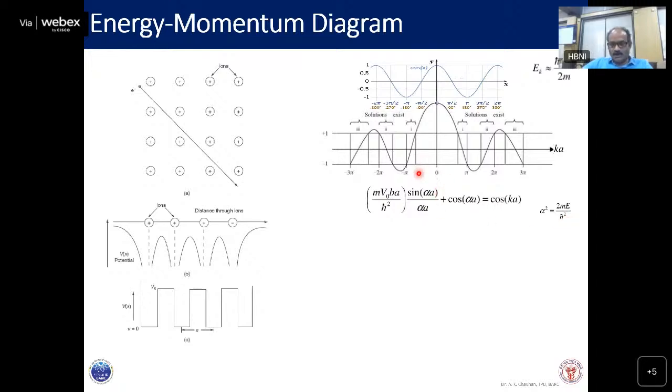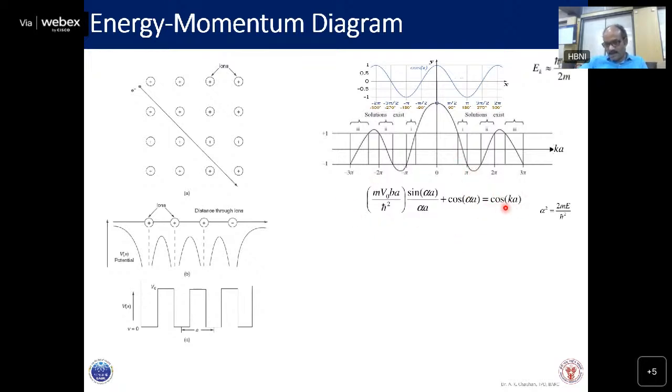Now just see this solution. On the left hand side, it has a certain term. If I plot this entire function, what I will get is this curve. This curve is the left hand side.